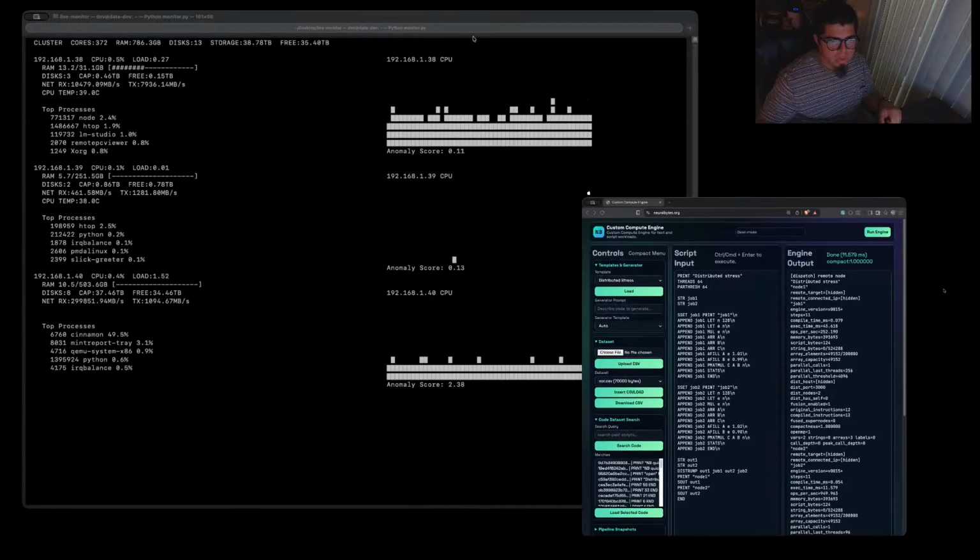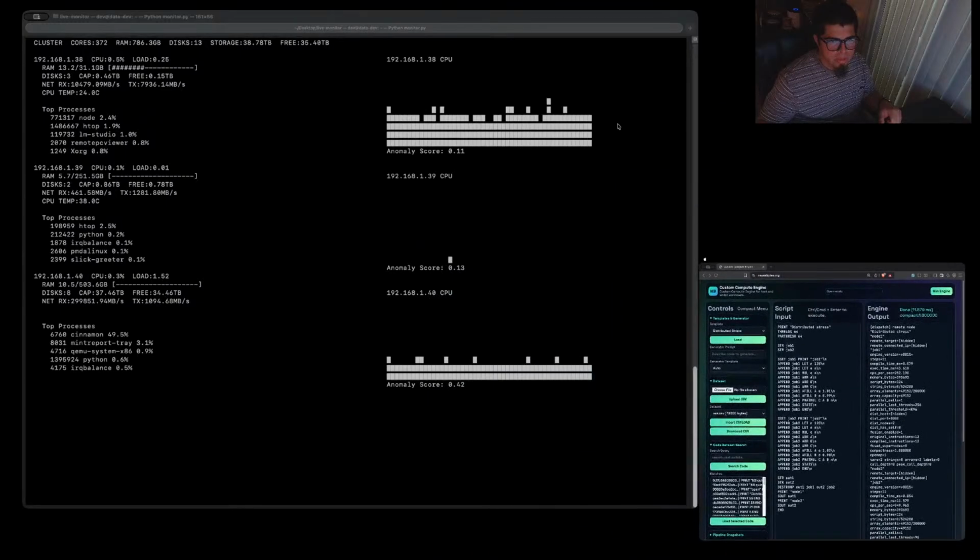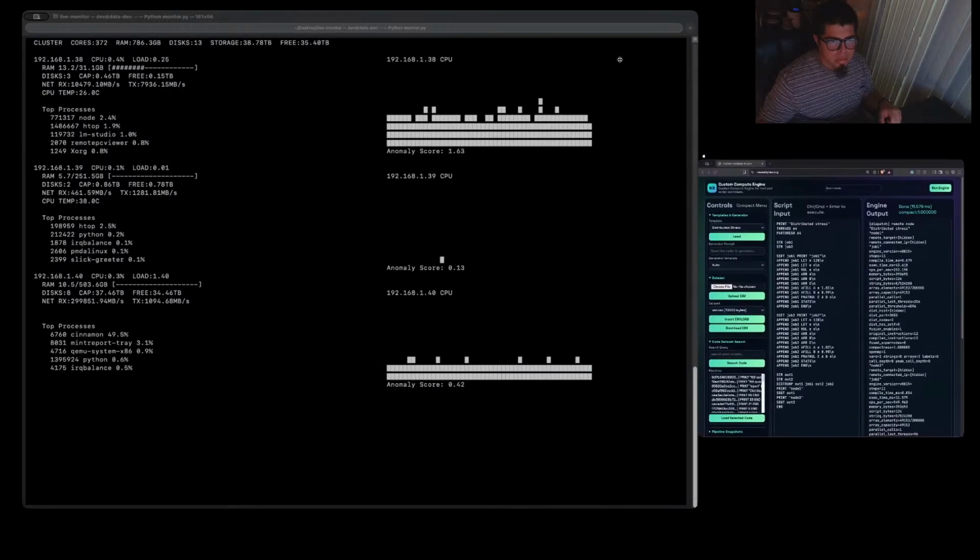So here we have a custom domain specific language. I had AI help me make a domain-specific language that combines Lua with a little bit of assembly in order to do really fast matrix multiplications.